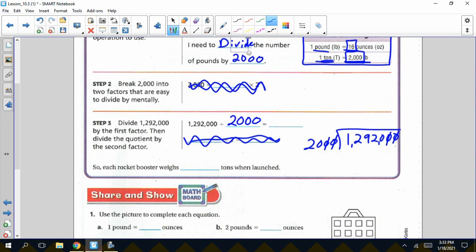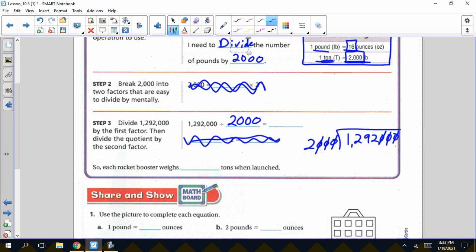If there's only an extra zero maybe on the outside, you can't just cancel it. There has to be 1 on the outside to cancel with 1 on the inside. So in this case, now we've canceled those zeros out, and we have 1,292 just divided by 2. It makes our division a lot easier when we're dividing large numbers that have zeros at the end.